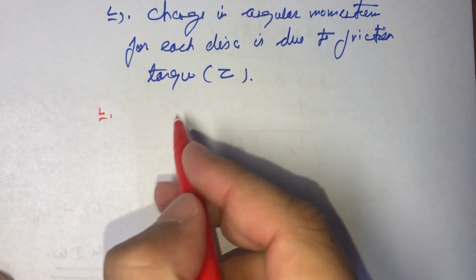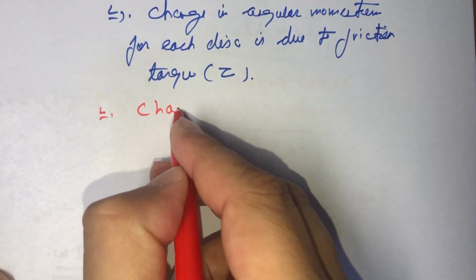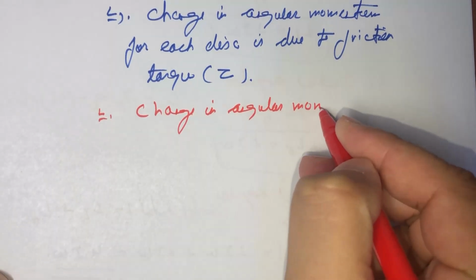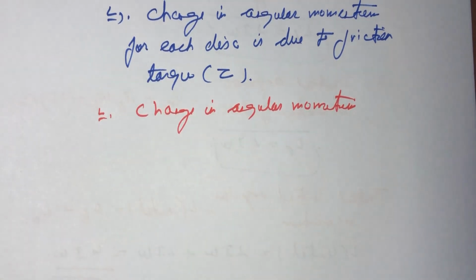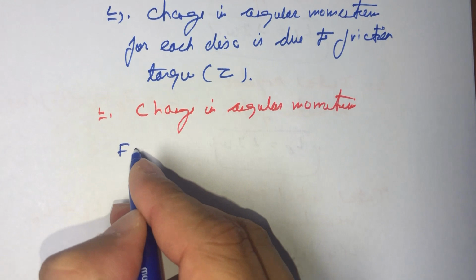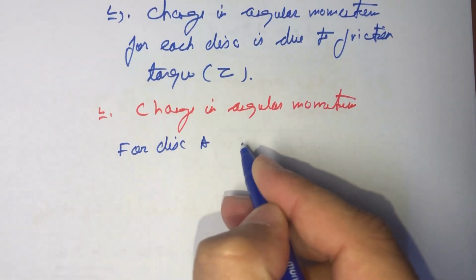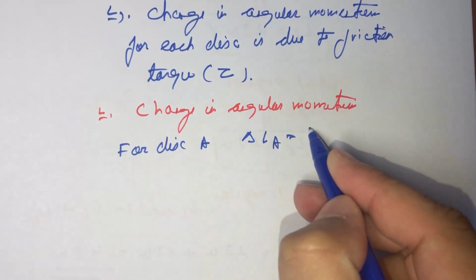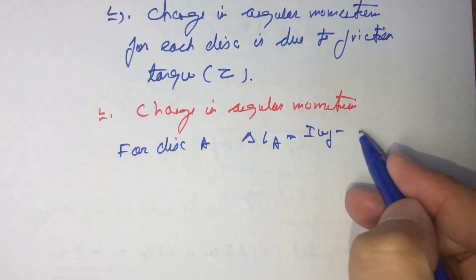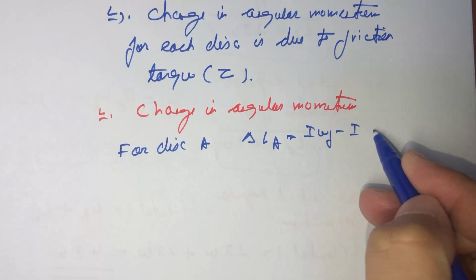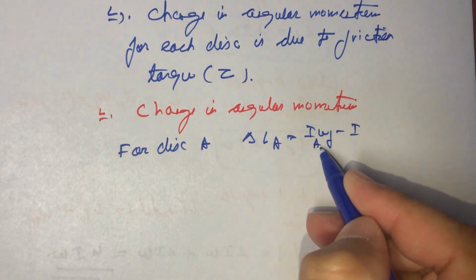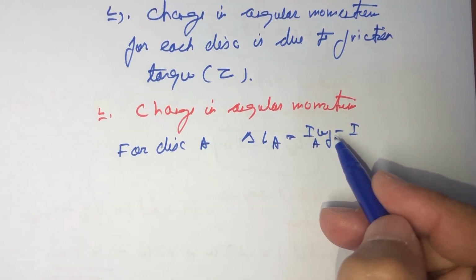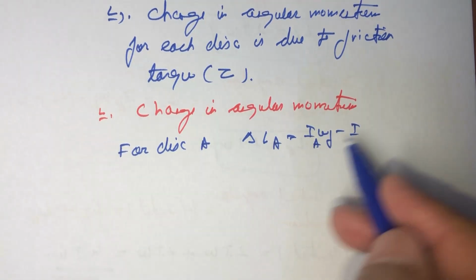Therefore, we can say change in angular momentum, first of all for disk A. For disk A, the change in angular momentum, let us suppose, is delta LA.